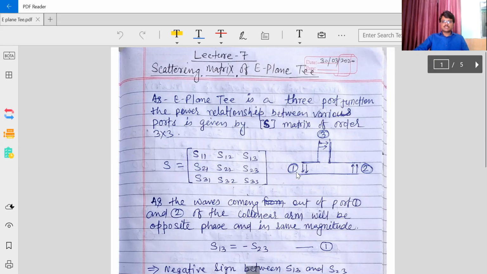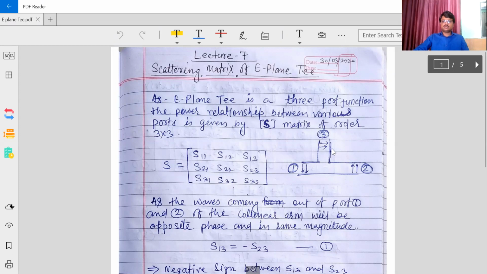It has two collinear arms, 1 and 2, and this is the third arm. Okay, so it is non-collinear, and this third arm is in the direction of the electric field.